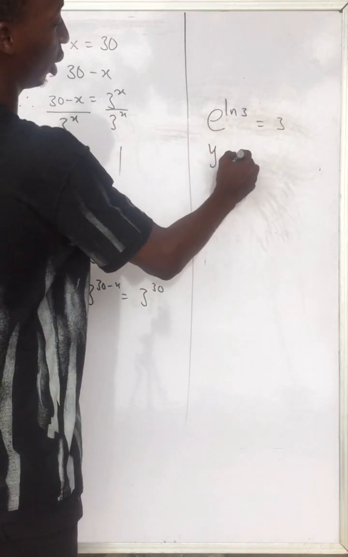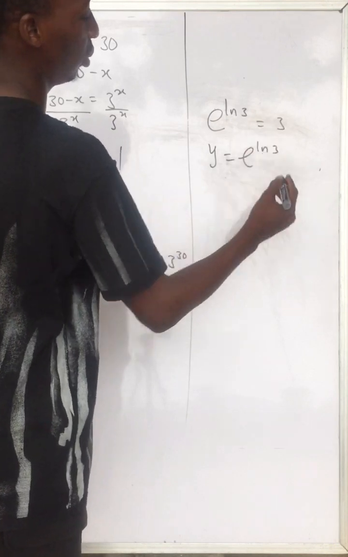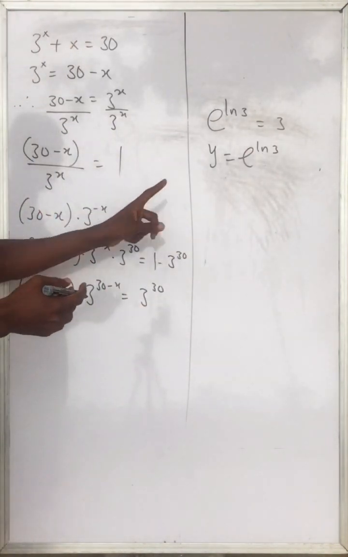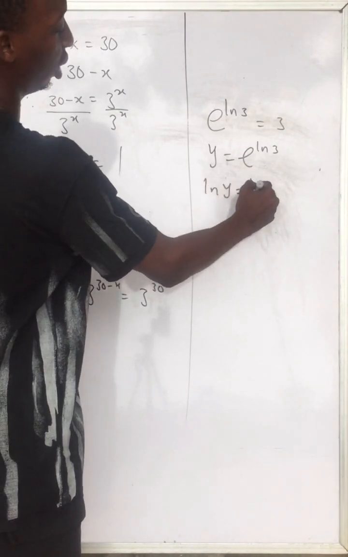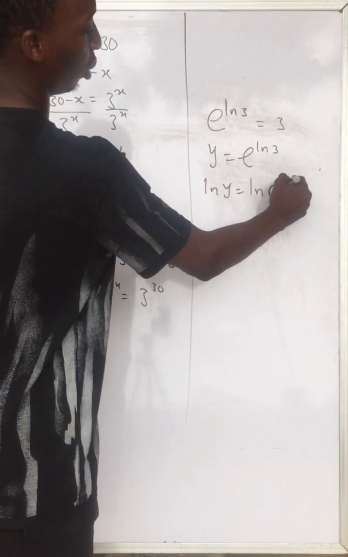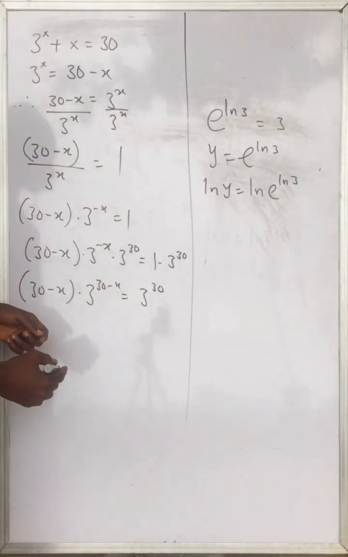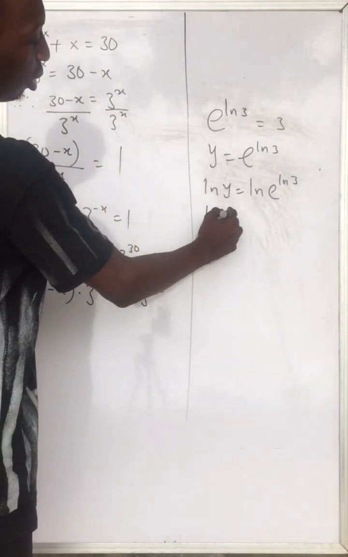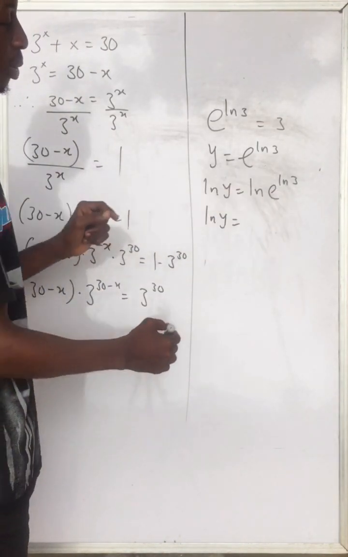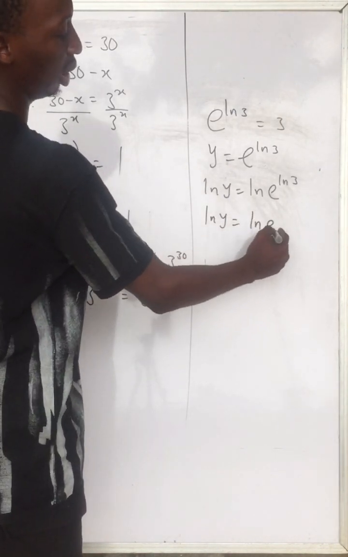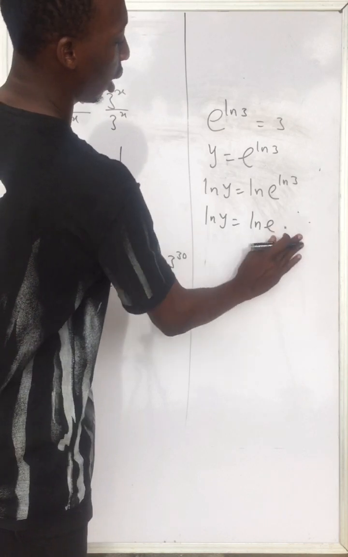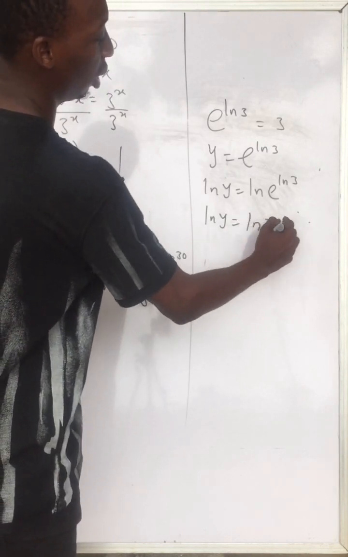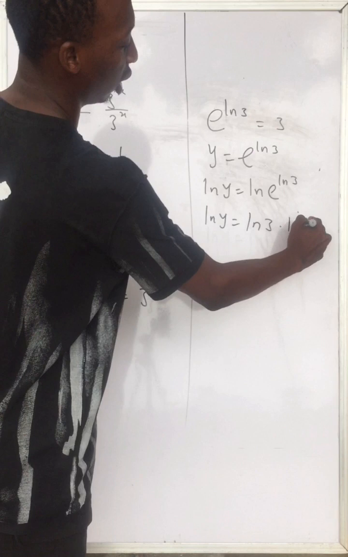Let's assume y equals e^(ln 3), for example. If you take the natural log of both sides, ln y equals ln of e^(ln 3). Now remember the power law. If you apply the power law here, you have ln e times ln 3, or you can rather say ln 3 times ln e.